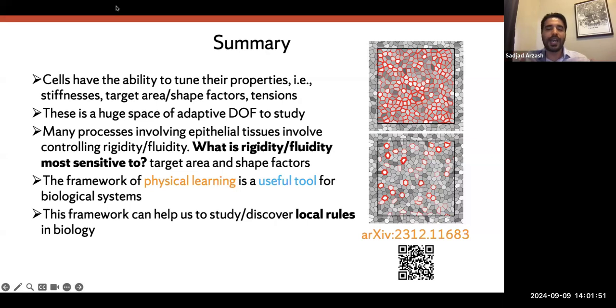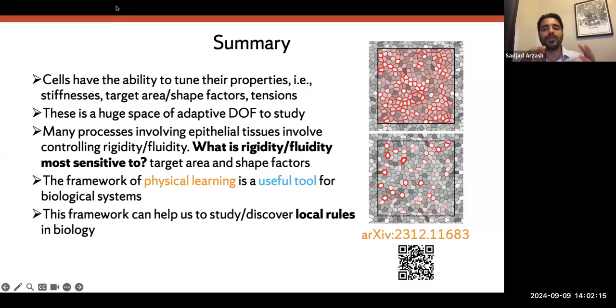So this is how I'm trying to understand tissues in terms of these local microscopic things happening and this macroscopic emergent phenomena. So maybe it's a more general learning that I have in mind, in terms of just stimuli and response.